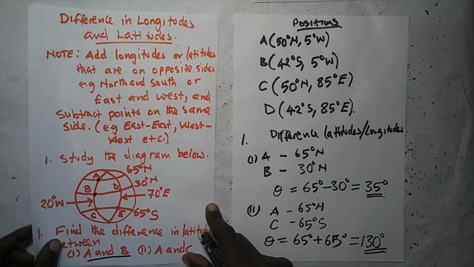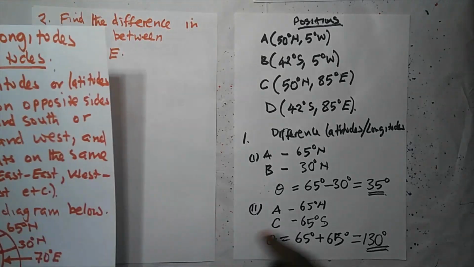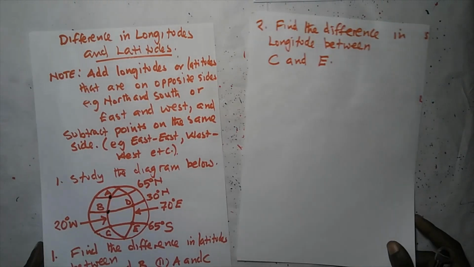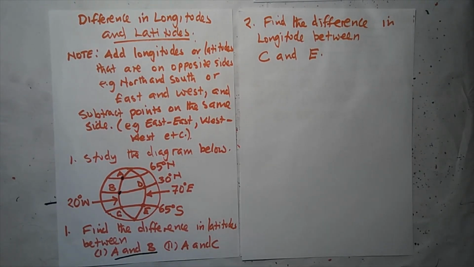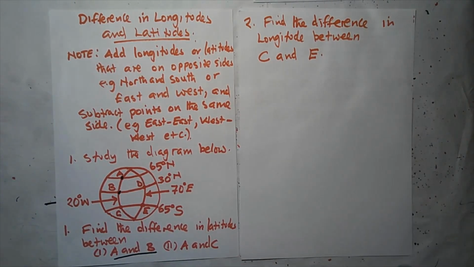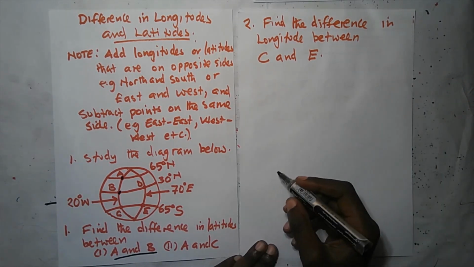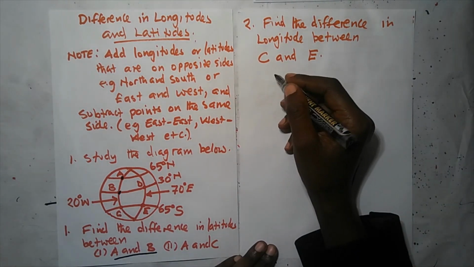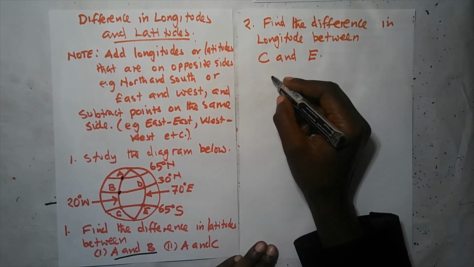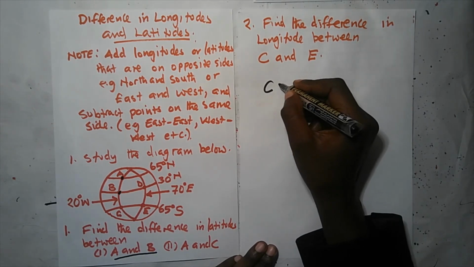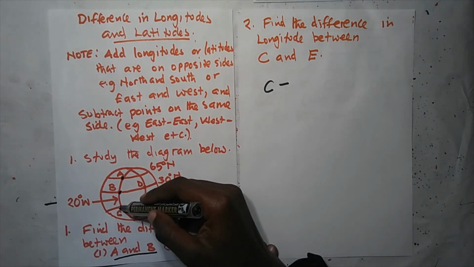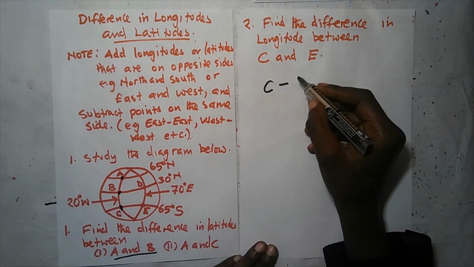Okay, so our next question says, find the difference in the longitudes between C and E. So you need to know which ones are longitudes and which ones are latitudes. On this question, C is here on longitude 20 degrees west.